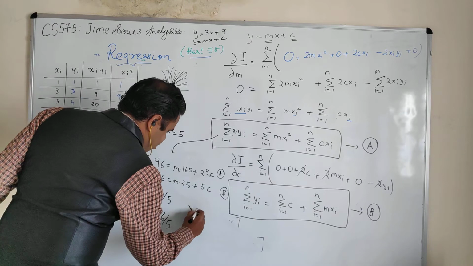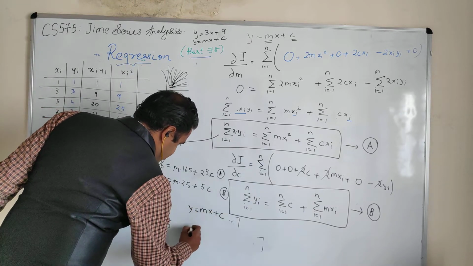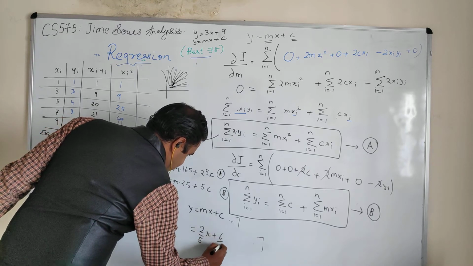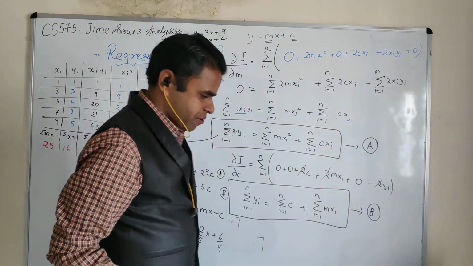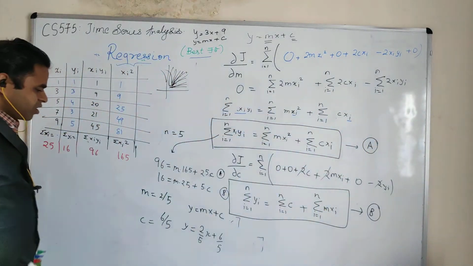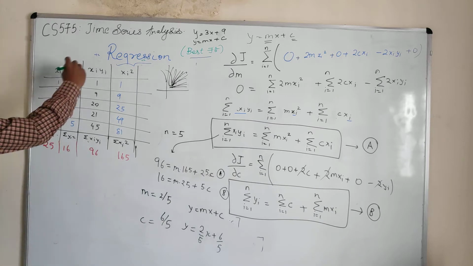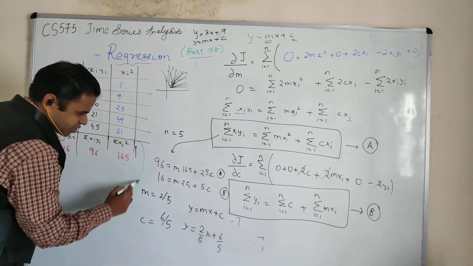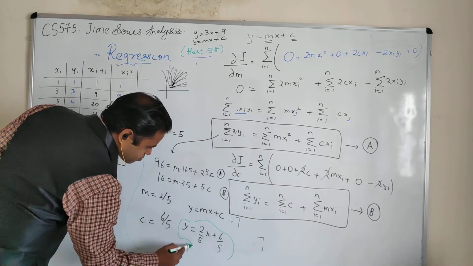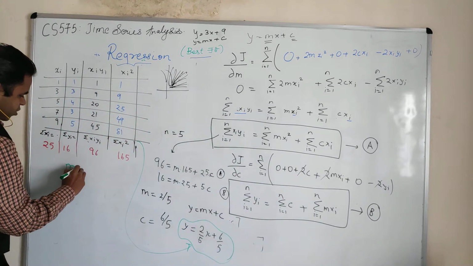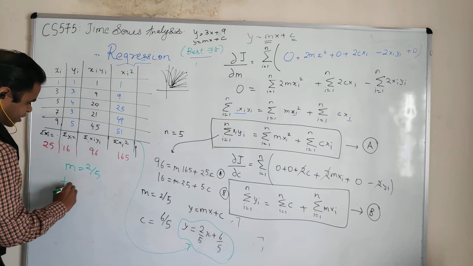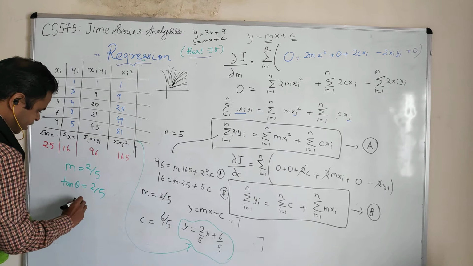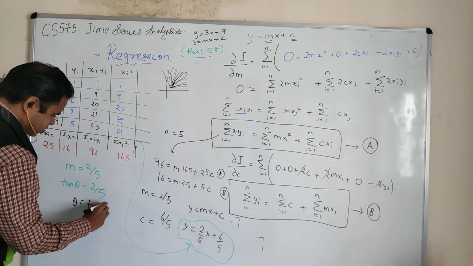So the equation of the line will be y is equal to mx plus c, that is y equals 2 by 5 x plus 6 by 5. So given any array of points, for this particular set of points the line of regression is this, where m is equal to 2 by 5. That means tan theta is equal to 2 by 5, so theta is equal to tan inverse 2 by 5.